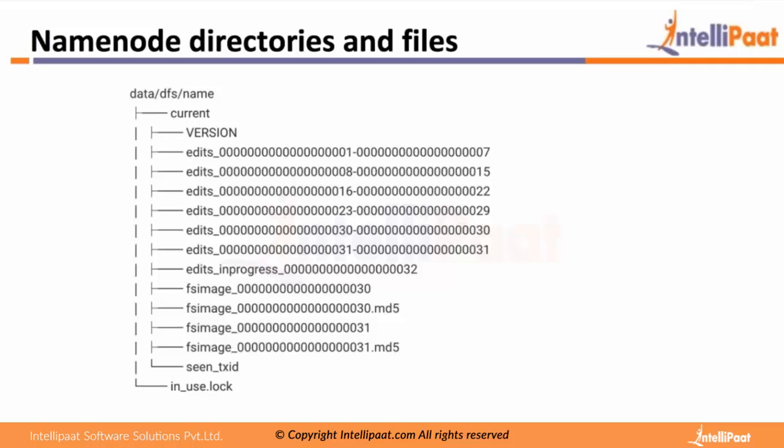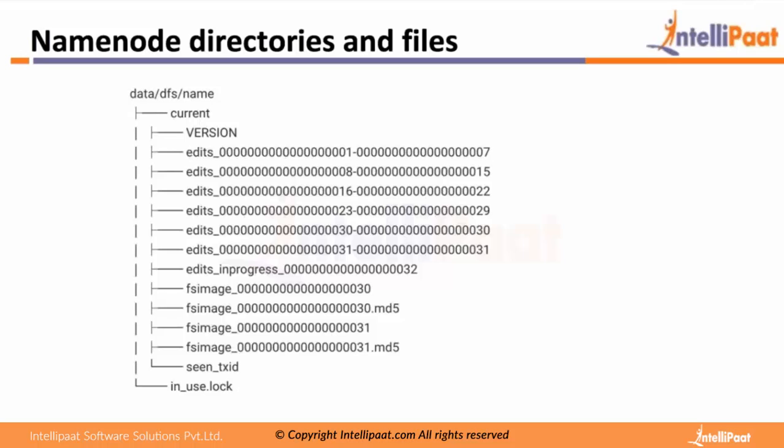One folder is current and one file is in_use.lock. Inside current you have four types of files: one is the VERSION file, one is the seen_txid file, which is just the transaction ID, one is the edits file, and one is the fsimage file. Okay, so let us understand in depth about these files.